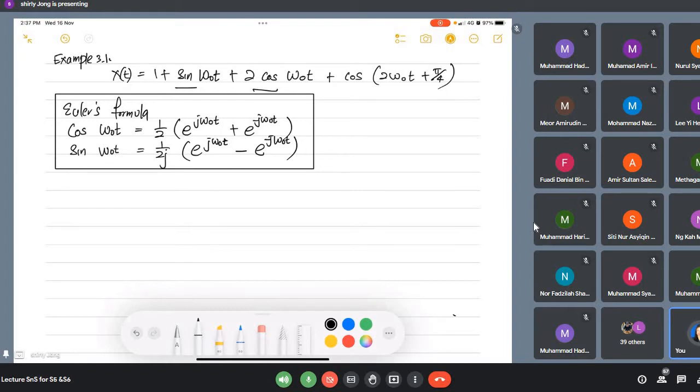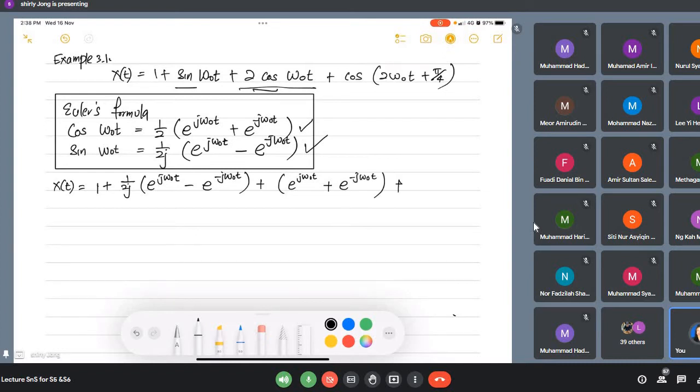Next, how to solve this. x(t) equals, you copy from the question, 1 plus sin ω₀t, and we substitute the sine using this formula: 1 over 2j times e^(jω₀t) minus e^(-jω₀t), plus 2 cos ω₀t. Using the cosine formula, the 2 and 2 cancel out, leaving e^(jω₀t) plus e^(-jω₀t).